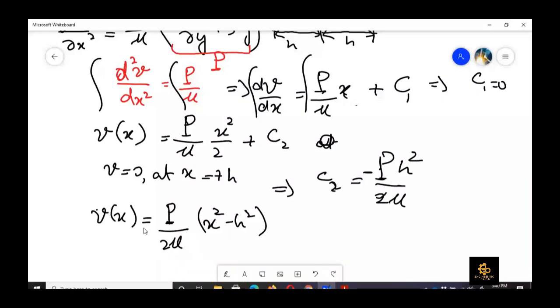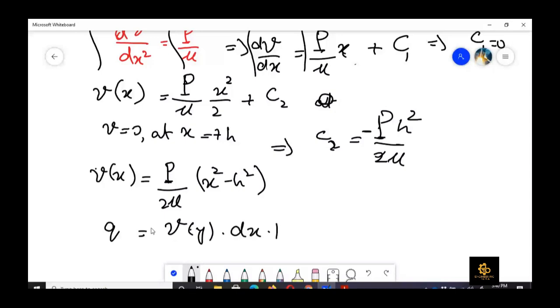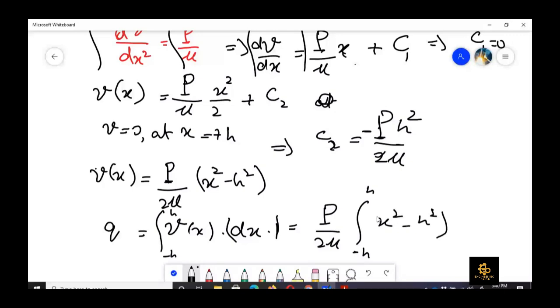Now, if we want to calculate the q value, we know that for the q calculation we need v into dA, that is v of x into dx into 1. Here v is only a function of x, with the limits minus h to plus h. So if we do that, p upon 2 mu would be out of the integration, minus h to h of x square minus h square into dx.